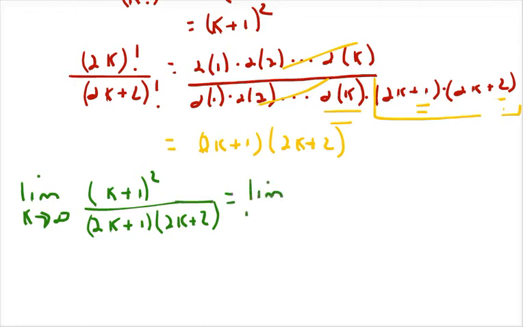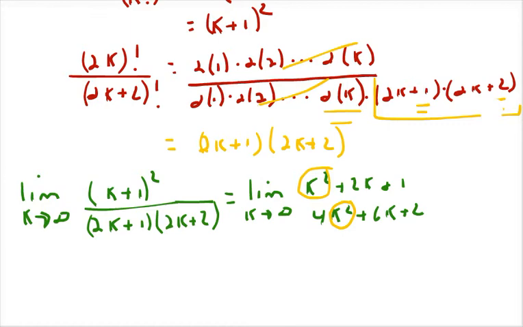So this becomes the limit as k goes to infinity of the numerator k squared plus 2k plus 1 over, FOIL this out on the bottom, 4k squared plus 6k plus 2. And you know that this is the highest power in the denominator, so this thing is going to equal 1/4. Hopefully you can see that without me going through.